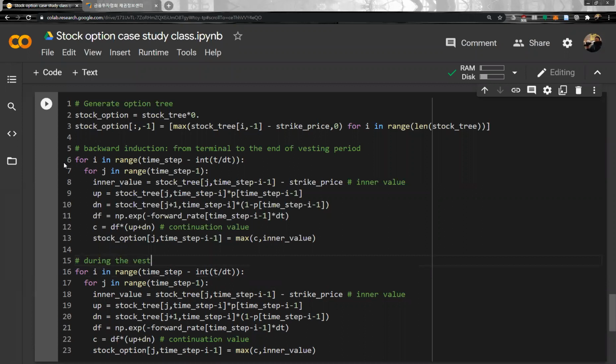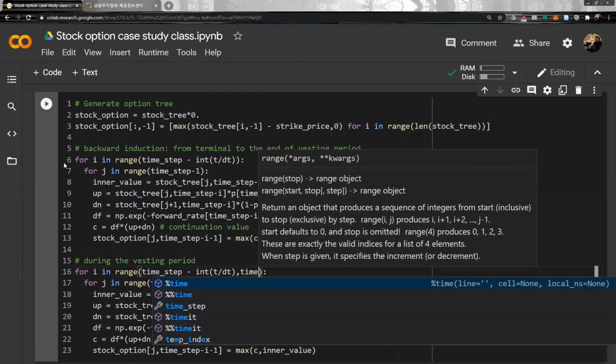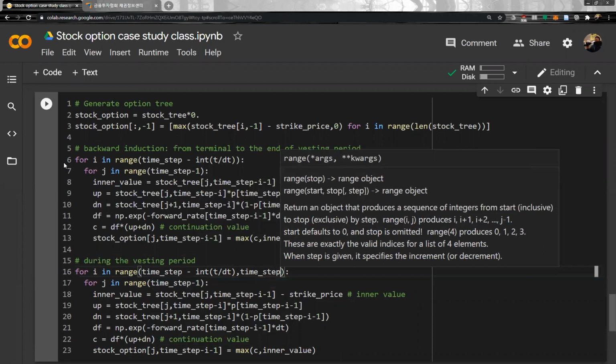During the vesting period, this is the ending period, and now it starts from here to the last time step.